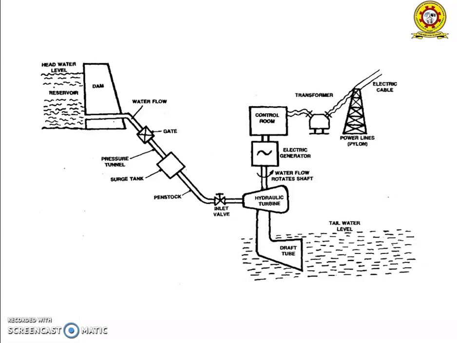As compared to the steam power plant, hydroelectric generation is very clean and simple because it has simple components. And the surveys needed for hydro power plants are also very necessary.